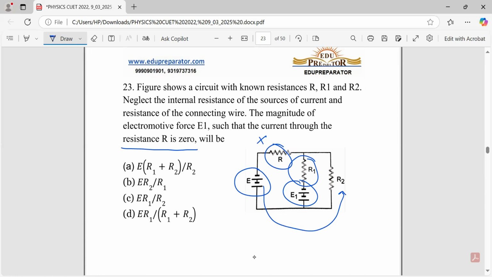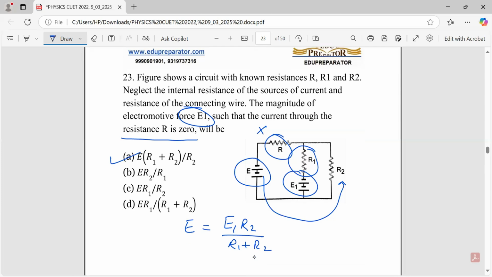Keeping this in mind, we have E equals E1 R2 over R1 plus R2, right? So you need the value of E1. The question asks what the value of E1 is. So E1 will be equal to this one, right?